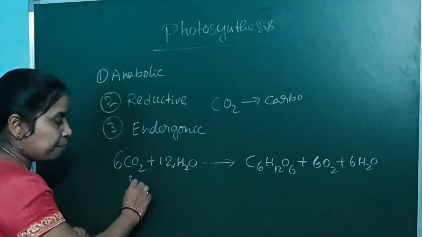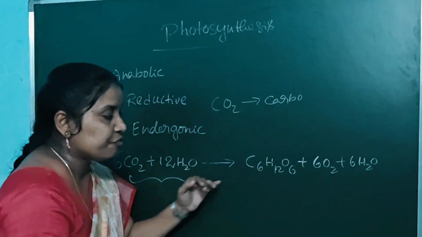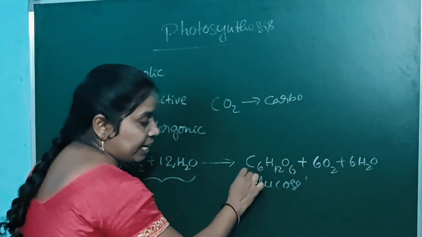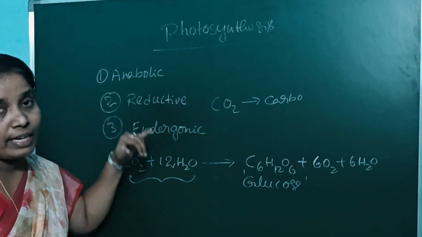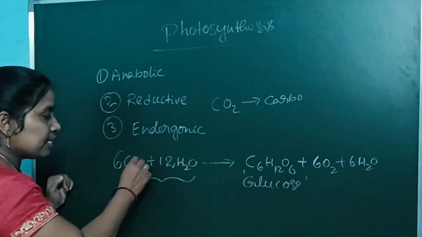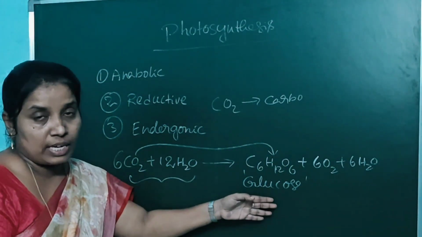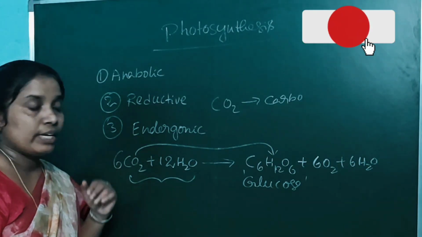Simple inorganic compounds are fixed into a complex carbohydrate form. That's why it is an anabolic or constructive process. Here the CO2 is reduced into glucose. That's why it is a reductive process.